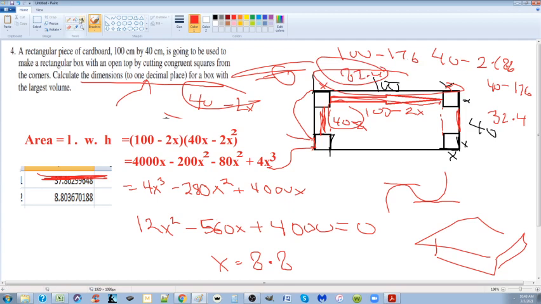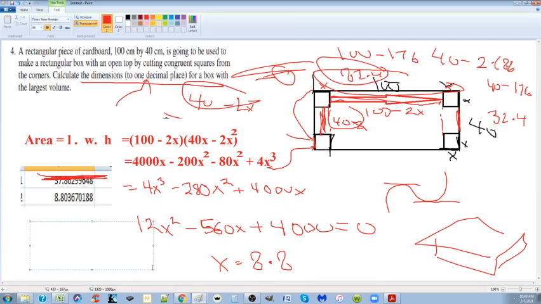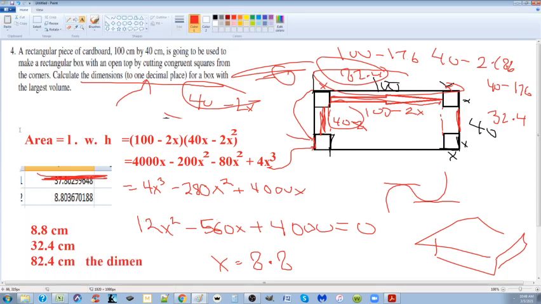So now we have the dimensions of the box: 8.8, 32.4, and don't forget your centimeters, and 82.4 centimeters. And always say the dimensions of the box are, and so on. Always begin properly and answer properly.